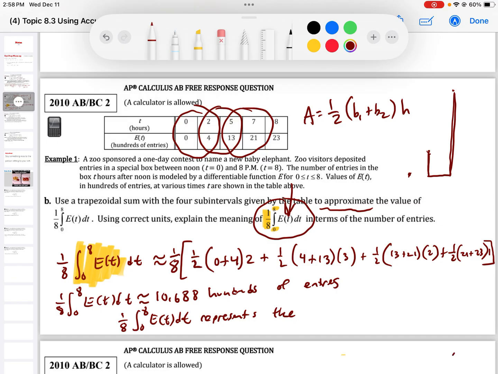I don't have to say approximate because I'm saying just in these terms, this would be the average value, or instead of saying average value, the average number of entries, and I might say in hundreds. And this is on the interval from t equals 0 to t equals 8.